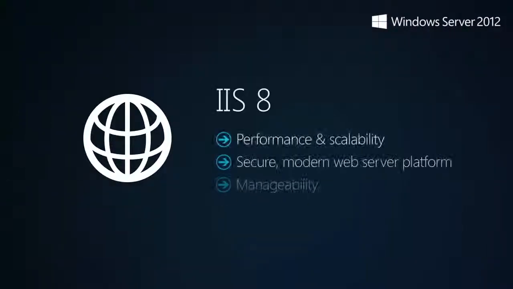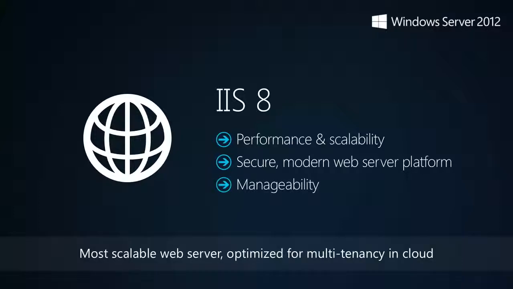Let's talk now about some of the capabilities that we're shipping as part of this Windows Server 2012 release. With IIS 8, we're delivering the most scalable web server that we've ever shipped, and we've optimized it for multi-tenancy in the cloud. It provides tremendous performance and scalability wins, allowing you to deploy applications faster than ever and enabling you to host even more workloads on a single server than ever before.